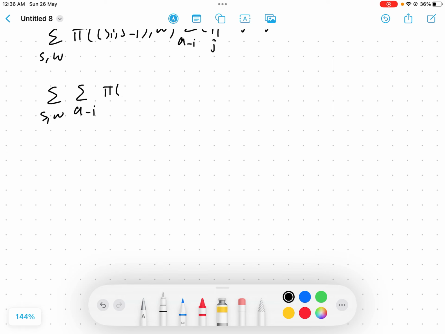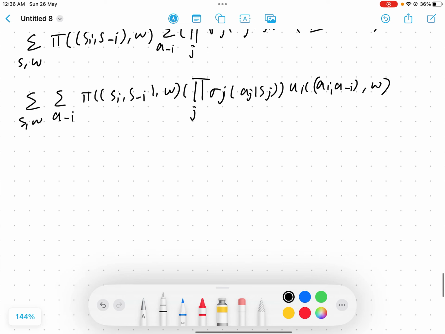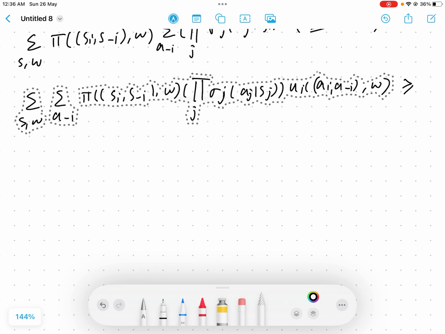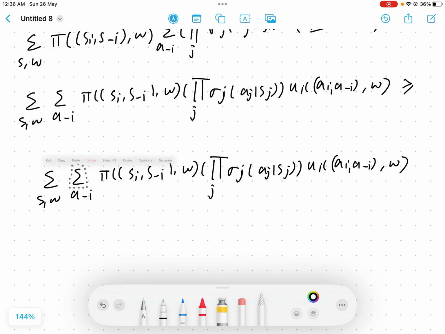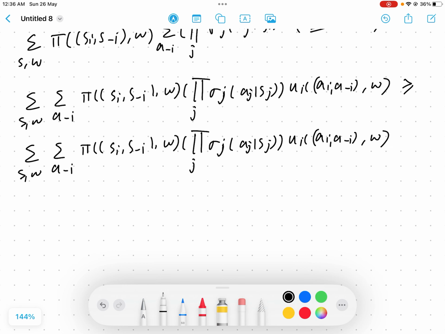The product over j is the same thing here, u_i, and it's also greater than or equal to the same, but adding the prime again. Those are the differences here.